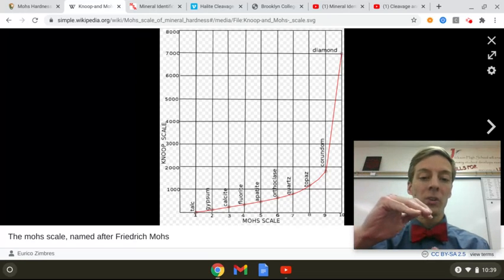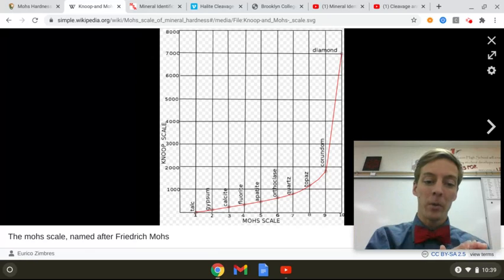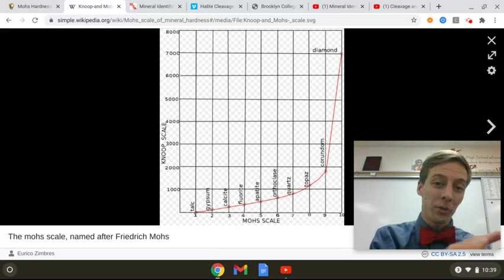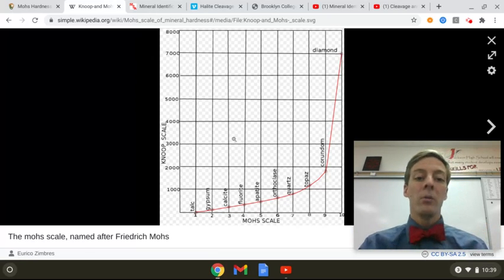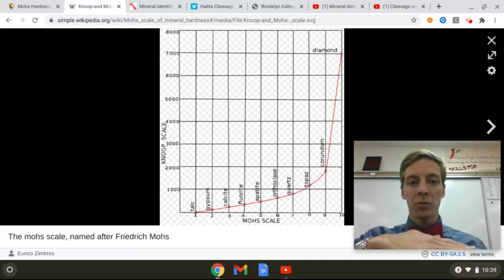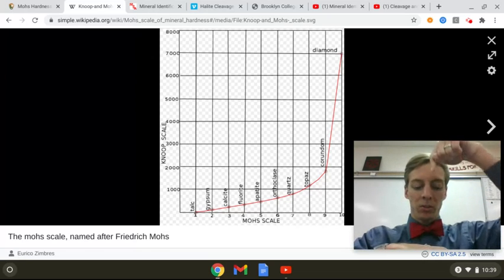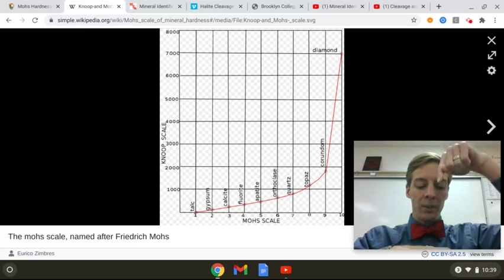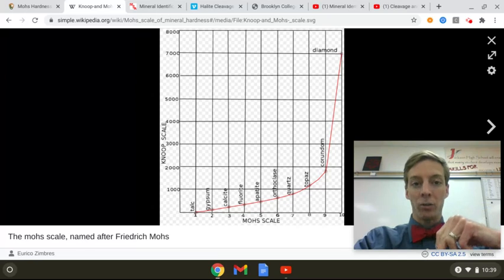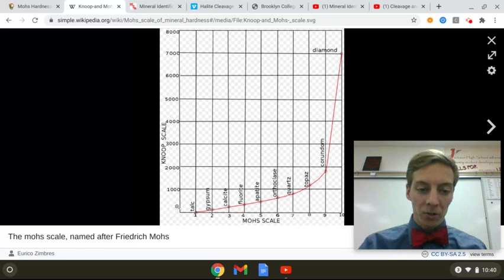And to go from a 6 to a 5 is a medium step. And to go from a 2 to a 1 is not that big a step. The Knoop scale, what they do is they put a sample and then they get essentially a diamond and they press down in it and they bring it up and they measure the indentation. And so this scale tells you what that is.